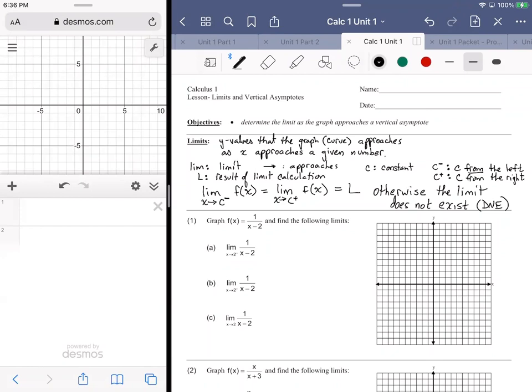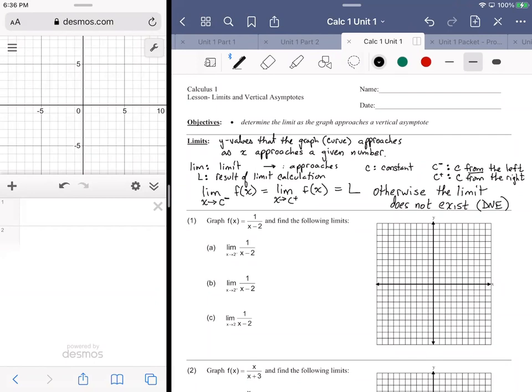The second piece is the limit as x approaches c from the right of f of x. And what this is interpreted as is, if those two values are the same, we'll call that L, L for the result of the limit calculation. If they're not the same, we would say the limit does not exist.